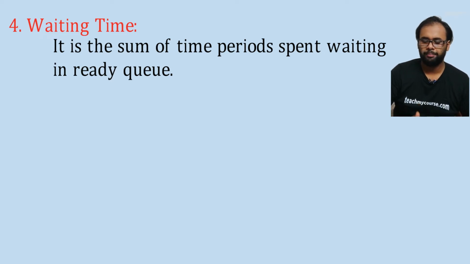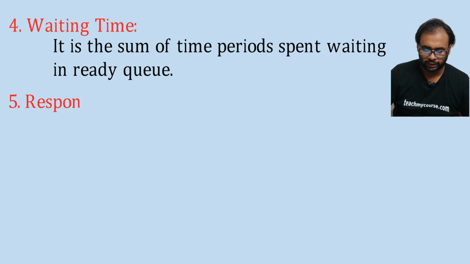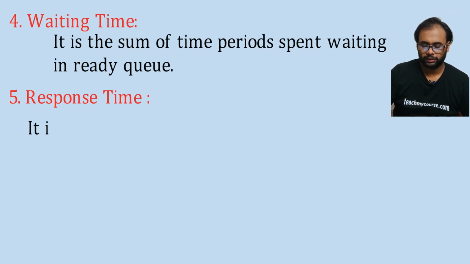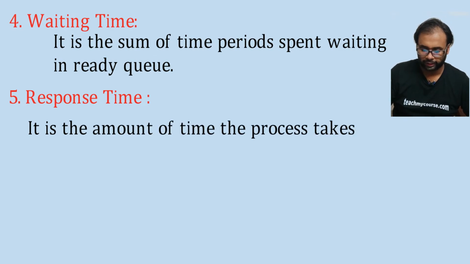The sum of time periods spent waiting in the ready queue is known as the waiting time of a process, that is, how much the process has waited to start its execution. Next comes the response time. It is the amount of time the process takes to start responding. The first response whenever we get, that is the response time.